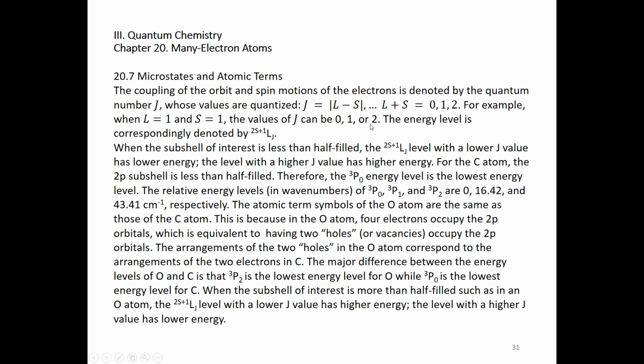So in that case, we do not have to rank the energy levels with respect to J, because J can only adopt one value when the subshell is exactly half filled. So for example, if you have p orbitals, if it's exactly half filled, m sub L will be minus 1, 0, and 1. So the sum is going to be just 0.